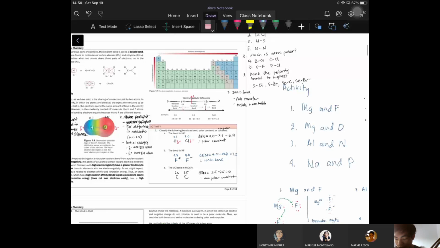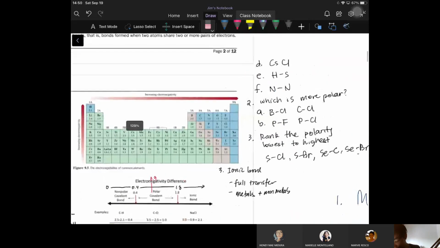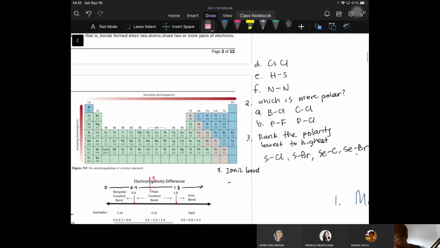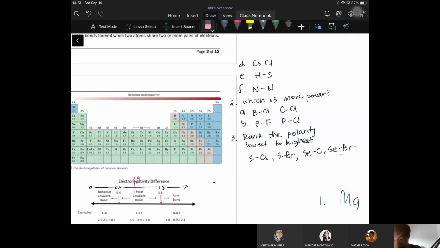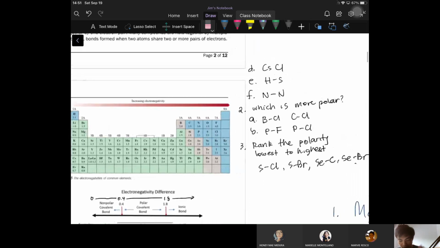Okay, so ito yung activity nyo. Sagutan nyo na lang. Ayan, tinabi ko siya dyan para makita nyo. So, answer letters D, E, F, number 2A, 2B, and number 3. Ito yung screenshot ko na lang din para pwede nyo i-zoom yung picture.